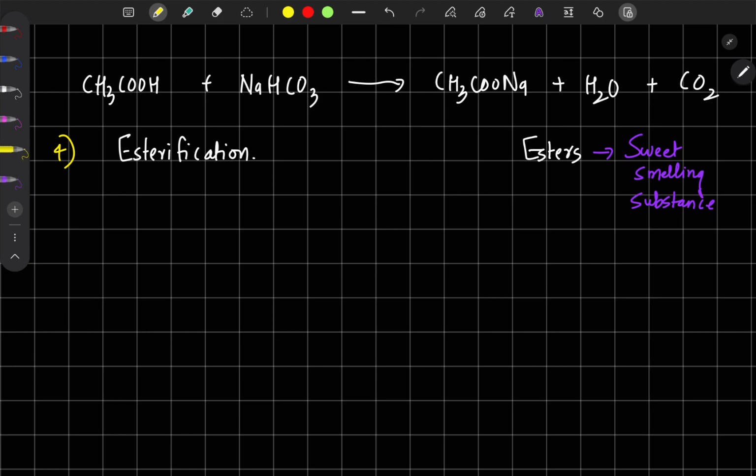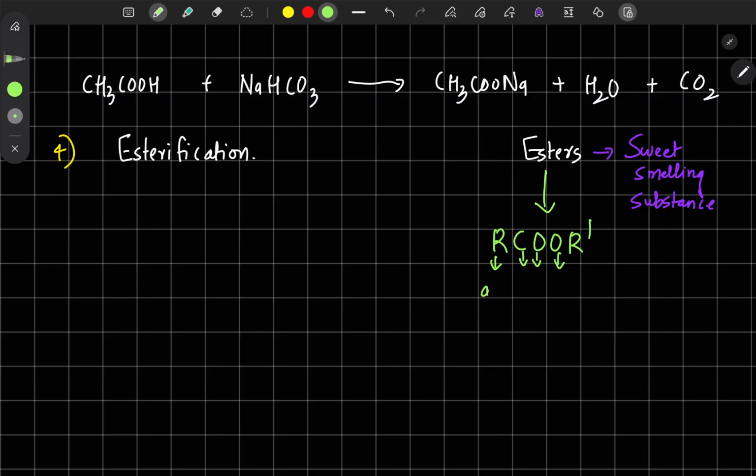The general formula is RCOOR'. That means this is carbon, this is oxygen, this is oxygen. This R means alkyl group. Alkyl group means groups like CH3, C2H5.